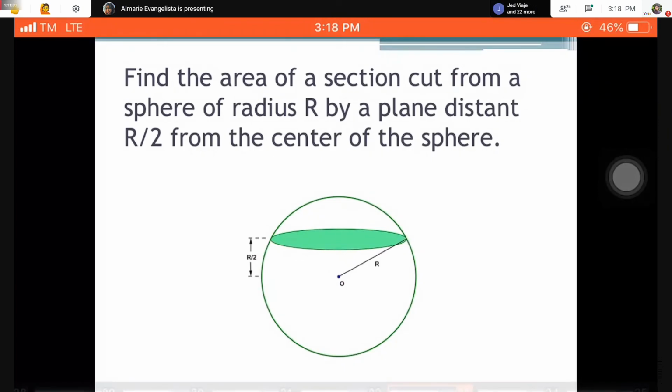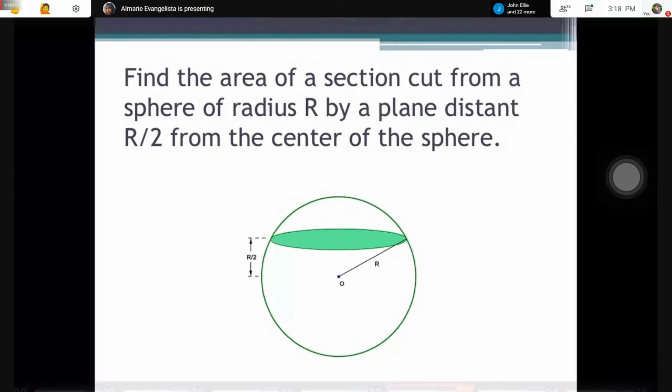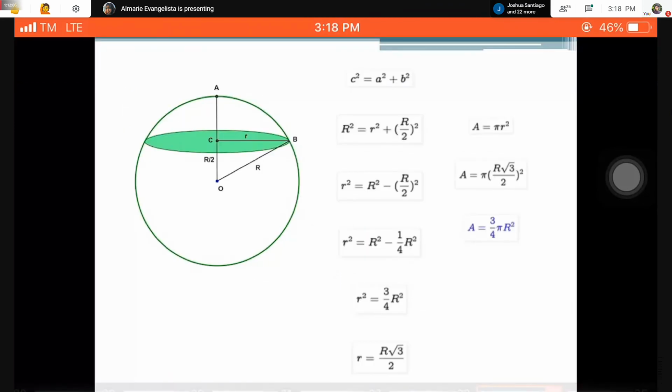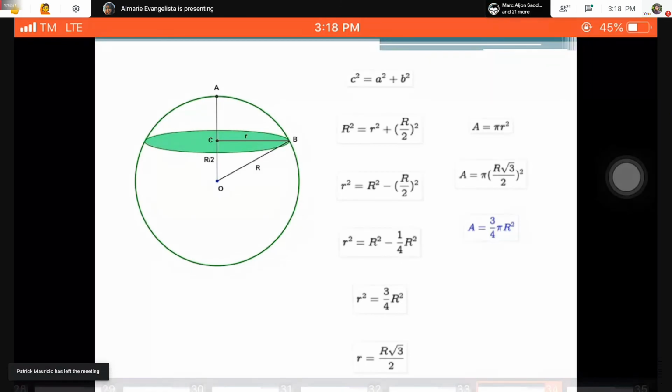So, dito guys, gagamit ulit tayo ng Pythagorean theorem. Ang kukunin natin is yung small letter r which is yung radius.